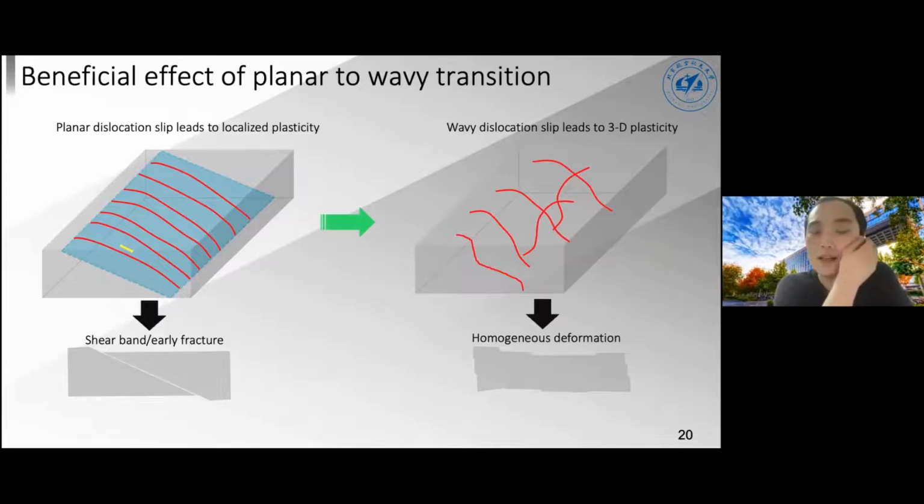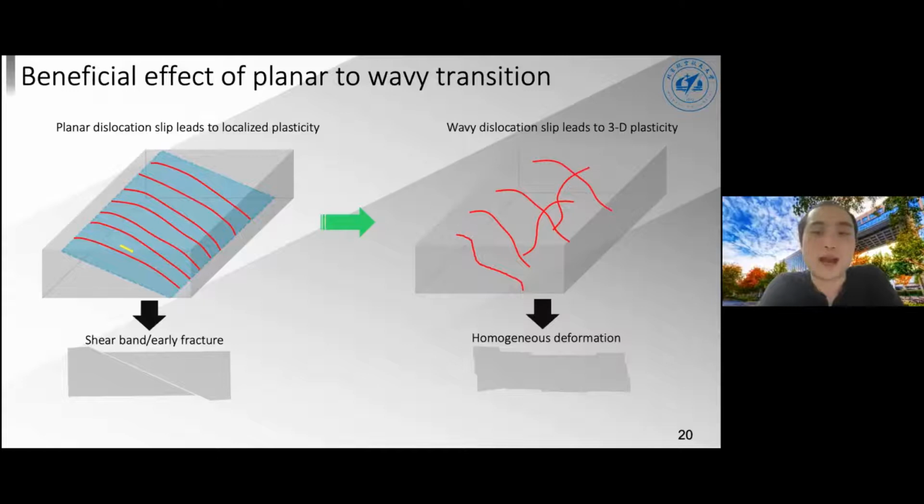And here I show you a perhaps oversimplified picture as to why a wavy dislocation is preferred over planar slip. From the left-hand side, the planar dislocation slip configuration, like I said before, leads to a localized shear displacement on a particular slip plane. If the dislocation is of screw type, the resultant strain field is similar to a type 3 shear crack.